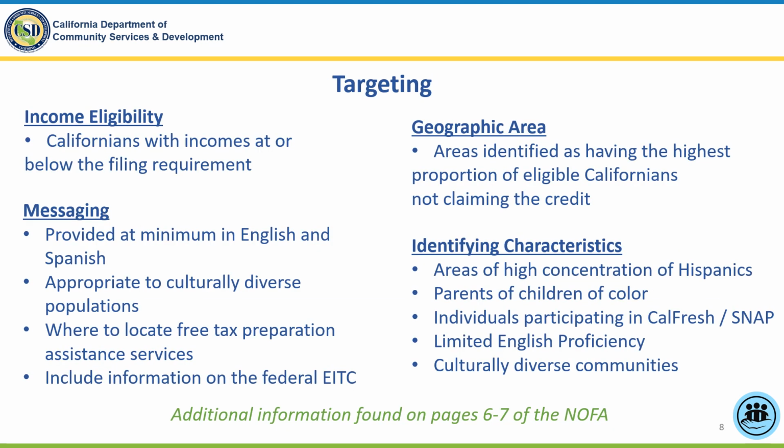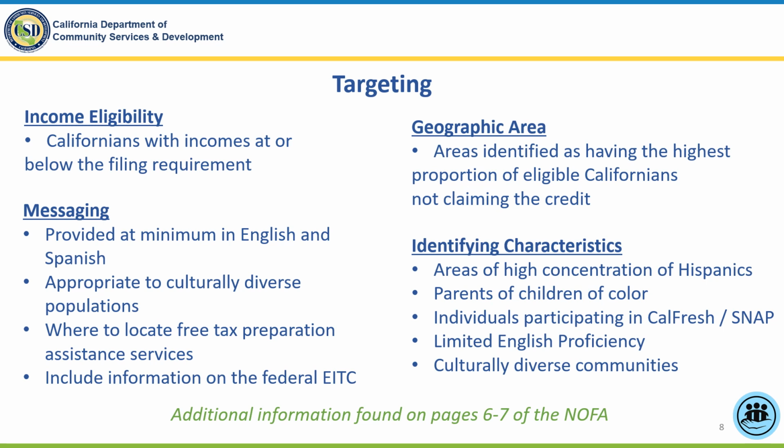The following two slides depict the targeting activities that should be included in your outreach and education efforts. At a minimum, education and outreach activities must be provided in English and Spanish. All messaging delivered should be culturally sensitive and customized to the population in which education and outreach materials are being distributed.